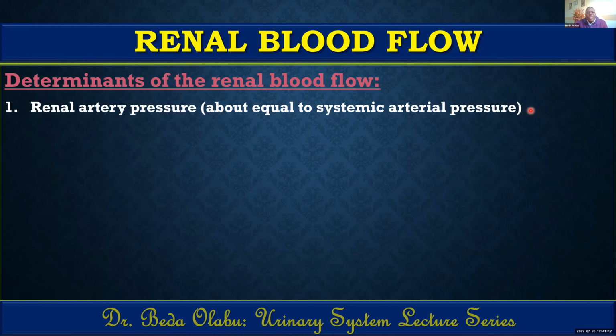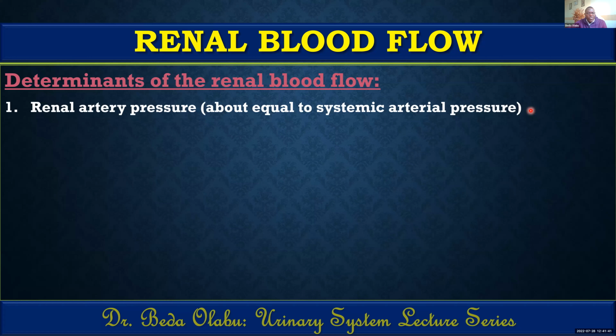One would be the blood pressure within the renal artery, which will definitely be influenced by the systemic blood pressure. So if the systemic blood pressure is high, the arterial pressure within the renal artery is going to be high. If the systemic blood pressure is low, even the pressure within the renal artery is going to be low.